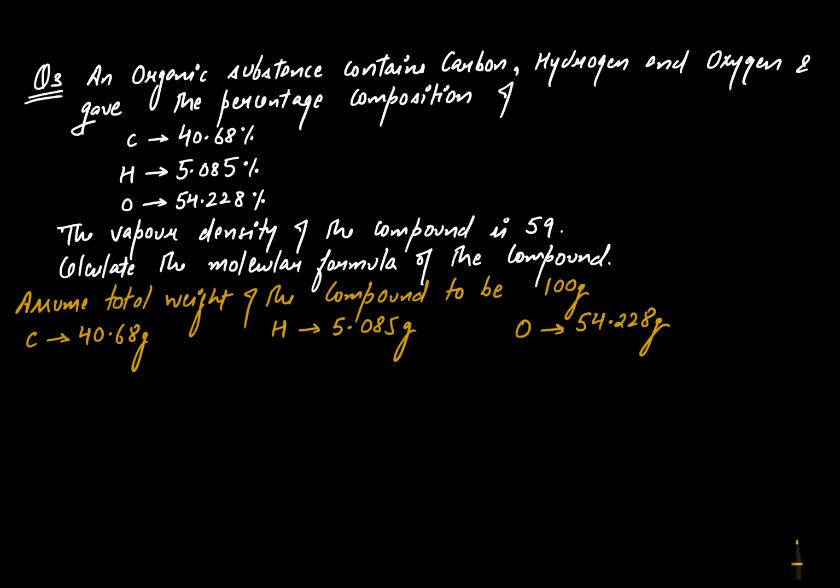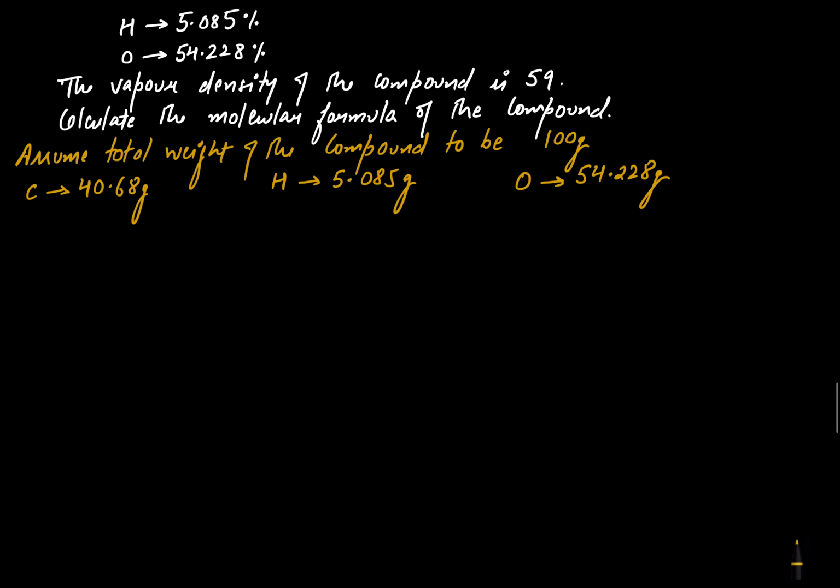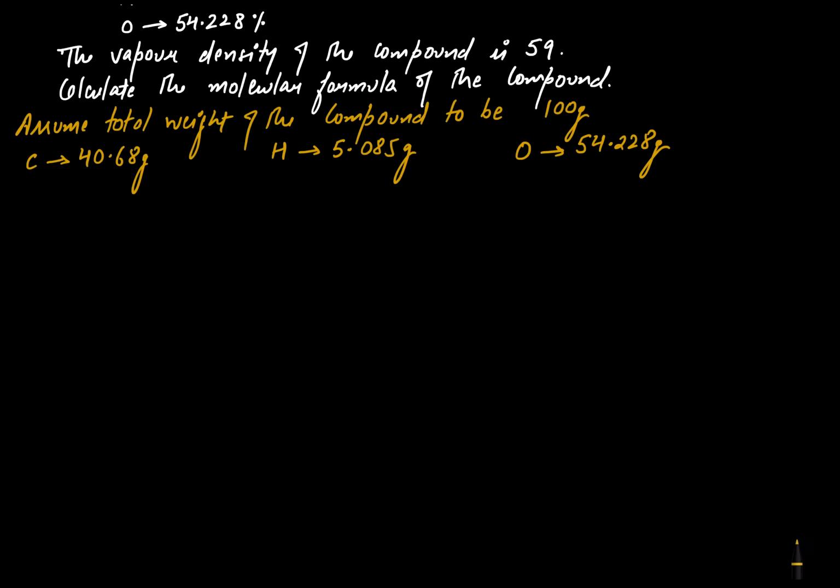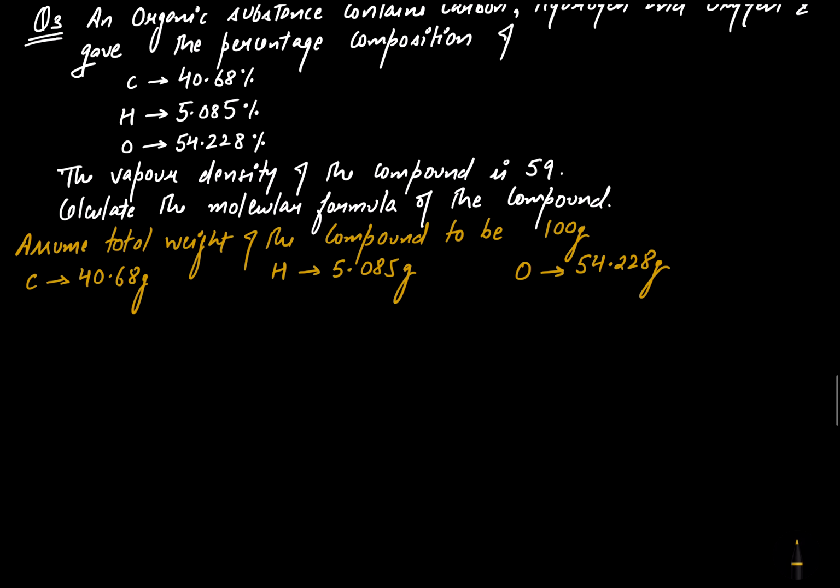So again I am going through my set of rules. The vapor density of the compound is 59, it is given, and I have to calculate the molecular formula. For calculating the molecular formula, again I need to calculate the empirical formula first. So let us find the empirical formula according to the set of rules that I have given.